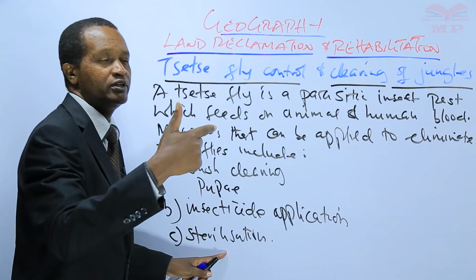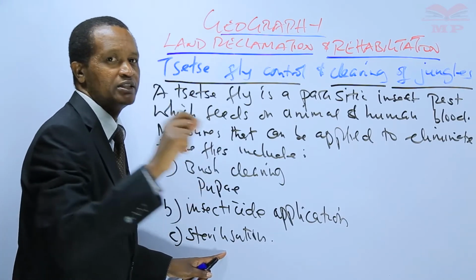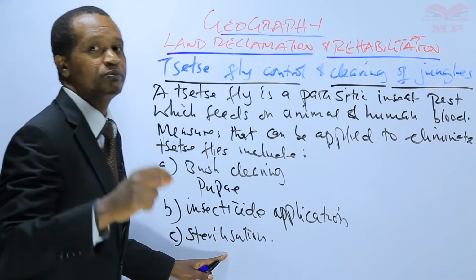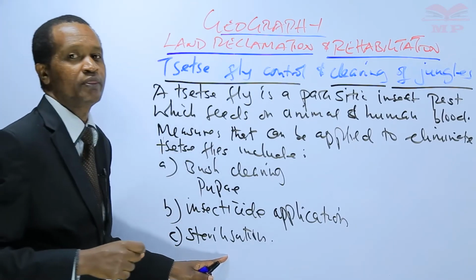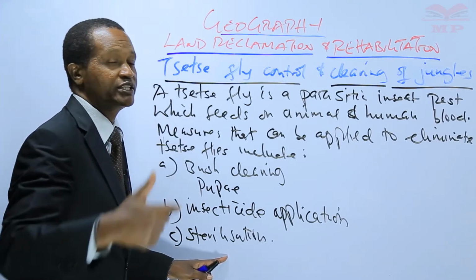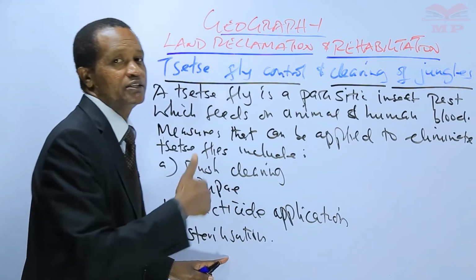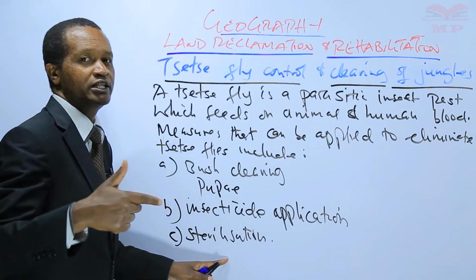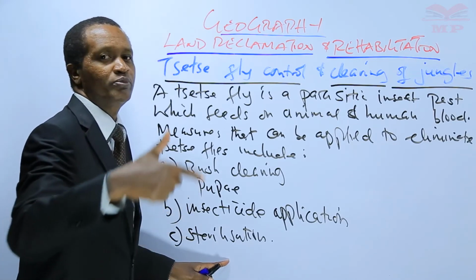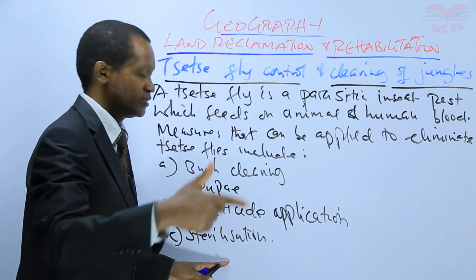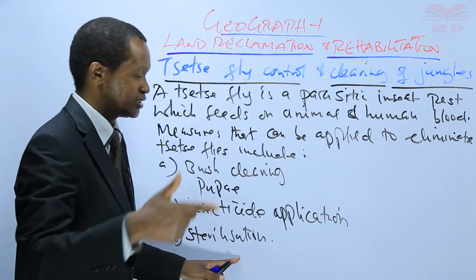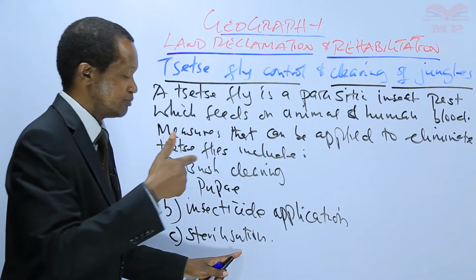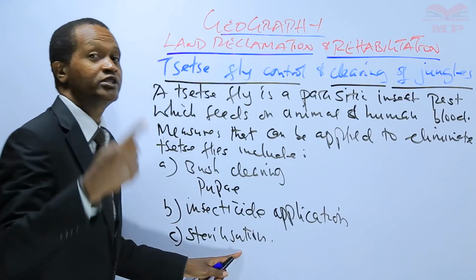Now, when the sterile male mates with the female tsetse fly, no offsprings are produced because fertilization does not take place. And because of that, it leads to reduced population of the tsetse flies. Remember, learners, we say that the female tsetse fly mates only once.